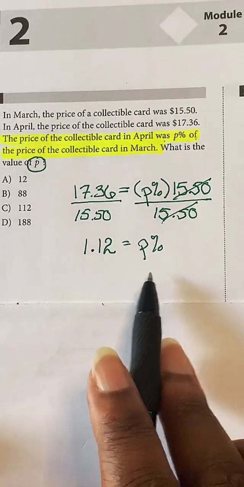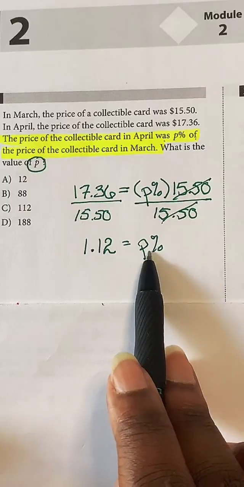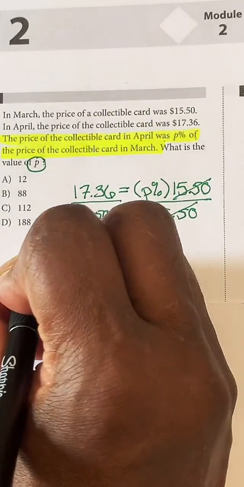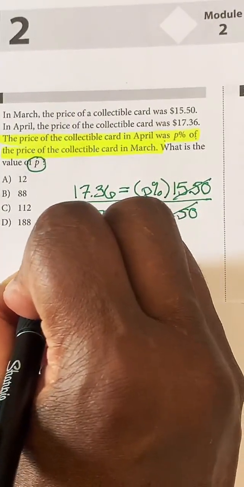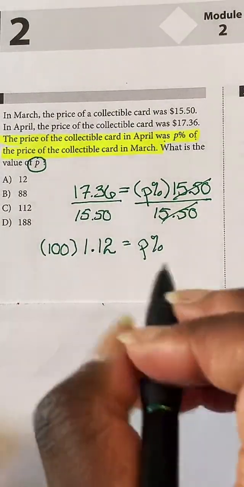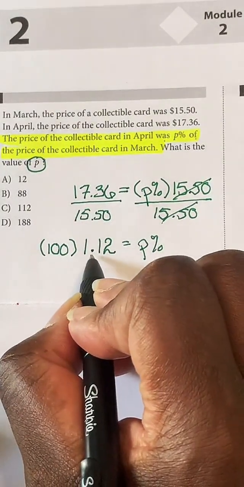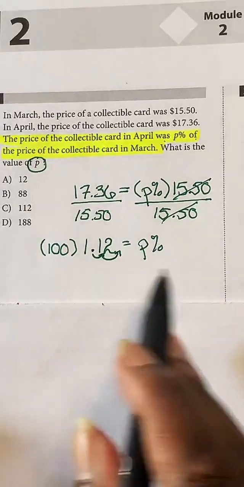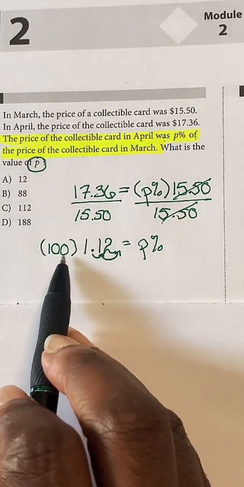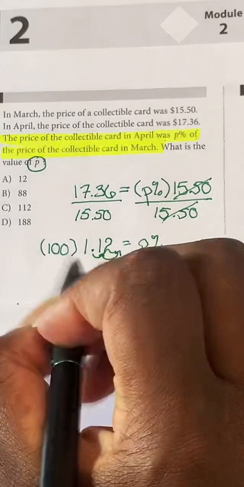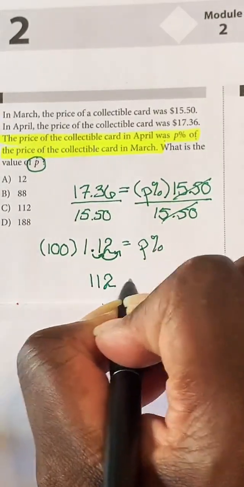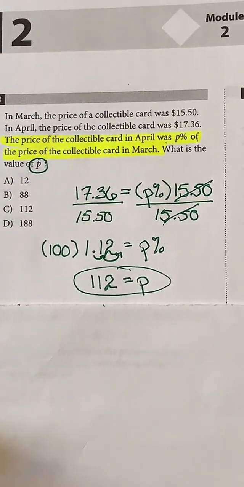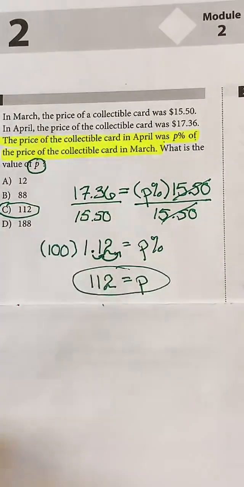But this is the percentage. If I want to get P by itself, anytime I'm thinking of percentage, I'm thinking of multiplying by 100. We're not doing that 110% garbage. When you multiply by 100, your decimal point is actually moving over to the right 2 times. 2 zeros, 2 times. So that gives you 112. That is what P equals. Okay? So your answer will be C.